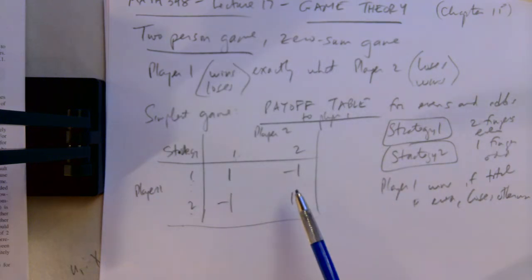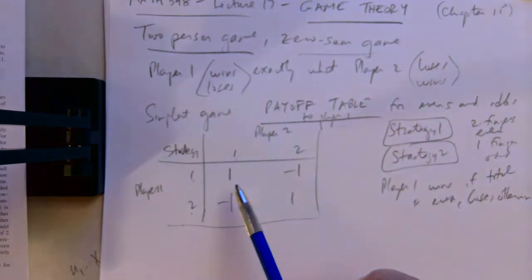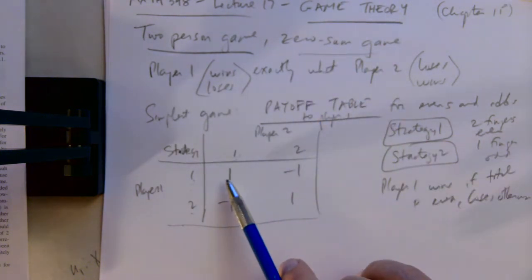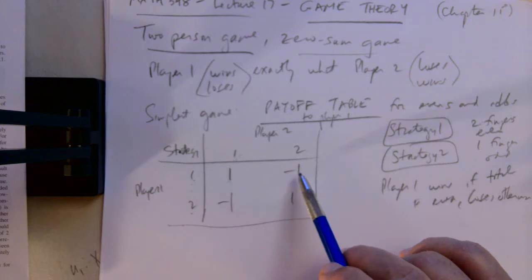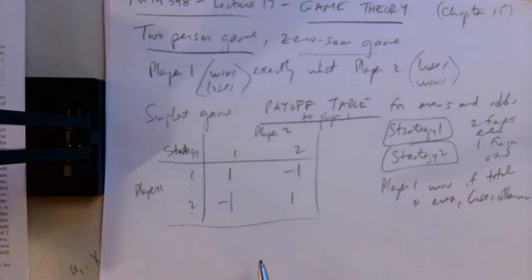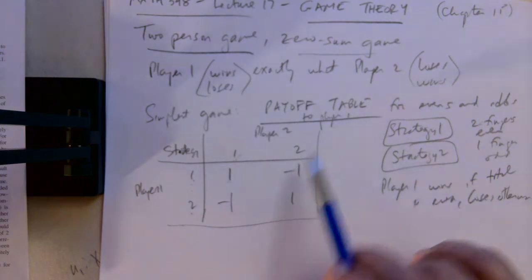What is the payoff to player 2? It's a zero-sum game. When player 1 wins, player 2 loses. So in this case, if player 1 wins $1, that means player 2 lost $1. In this case, if player 1 loses $1, then player 2 wins $1. So I could write down the payoff table for player 2.